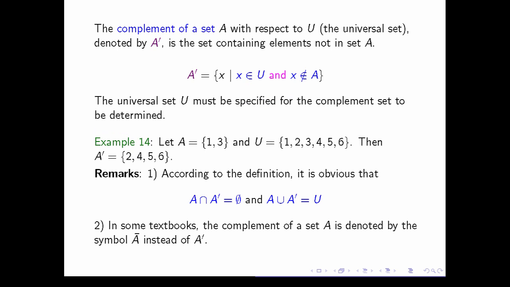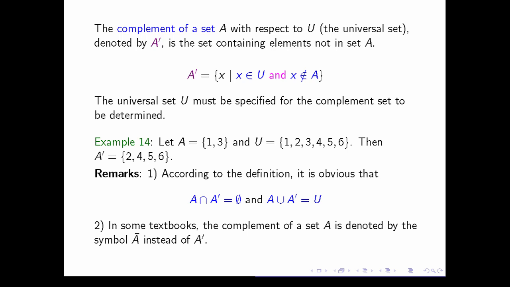The next thing we talk about is the complement of a set. For the complement of a set, this time we need to specify clearly the universal set. The complement of a set A with respect to the universal set U is denoted by A prime.